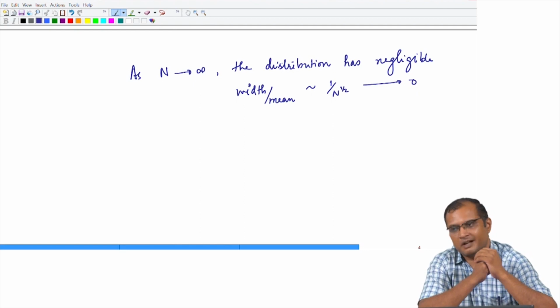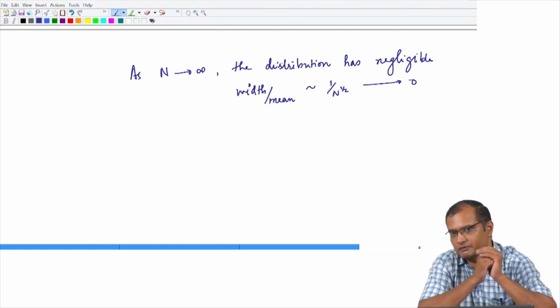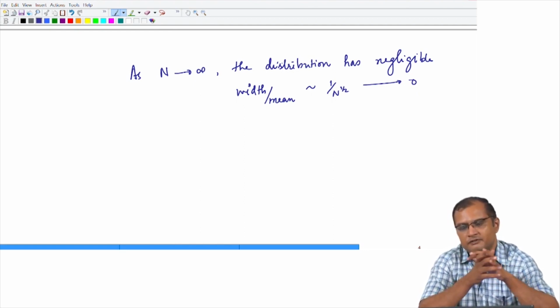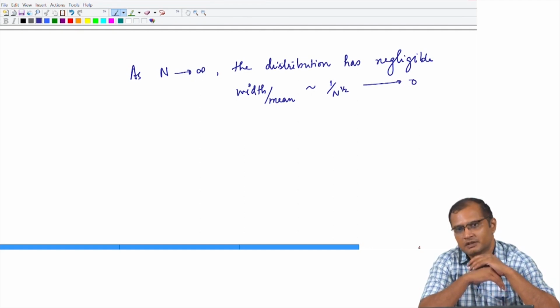So, your expense would be 100, which is the square root of 10 to the power 4. So, the ratio of 100 over 10,000 is definitely 1 by 100, whereas the ratio of 10 over 100 is 1 by 10. So, 1 by 100 is much smaller than 1 by 10.